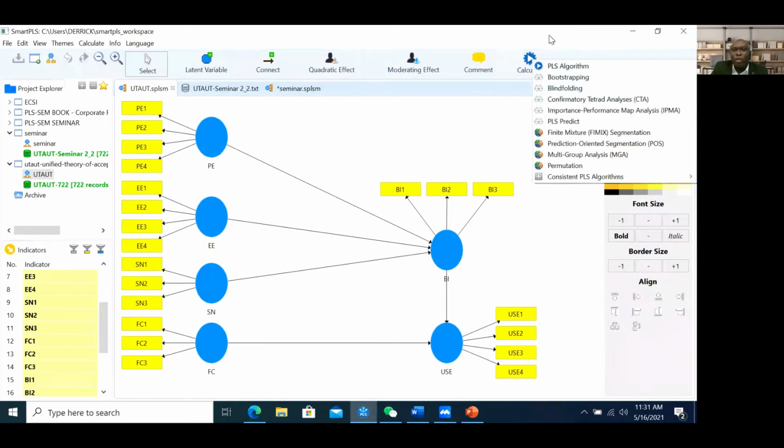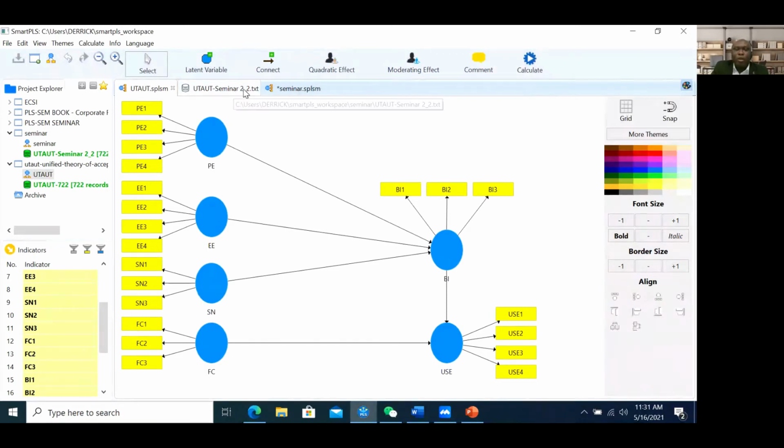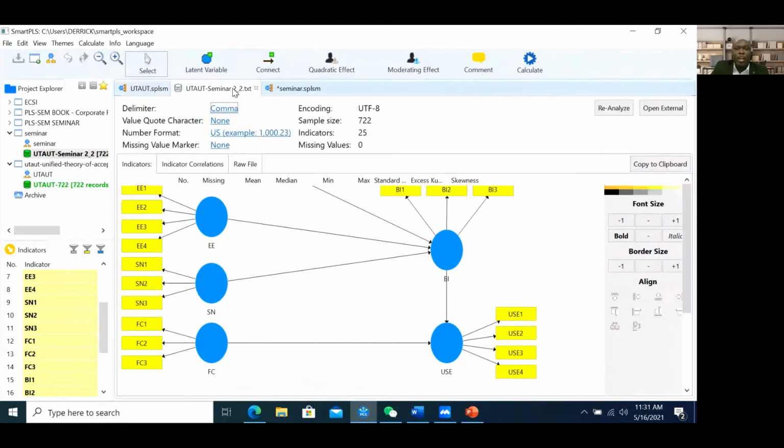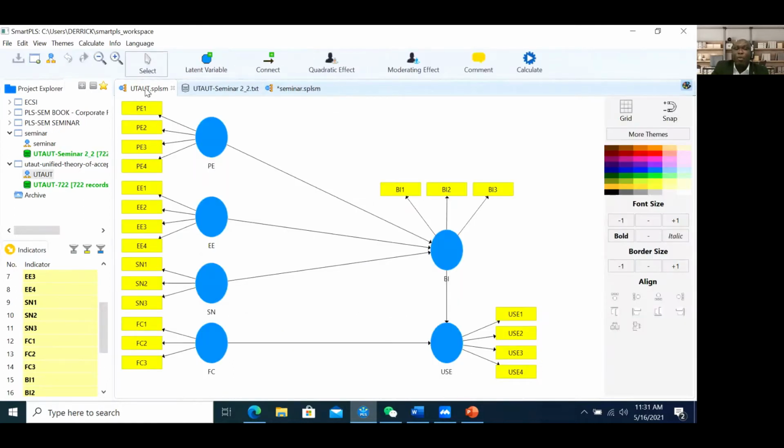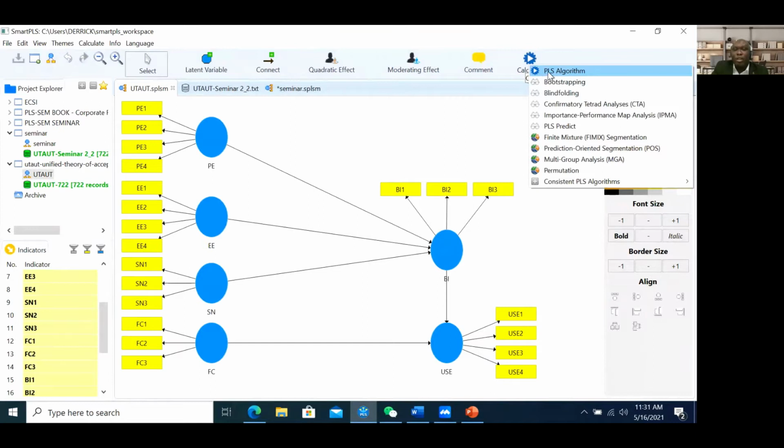So you click on calculate. Now, you should note that if you are on the data view, you'll not be able to see the calculate sign or the menu for calculate. So you have to be on the path diagram where you have drawn it, and then you'll be able to see the calculate. Then you click on calculate, and then you run PLS algorithm.